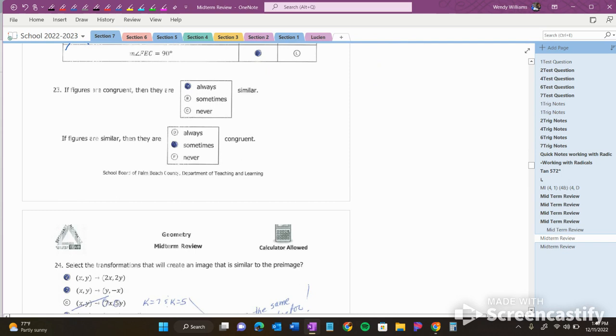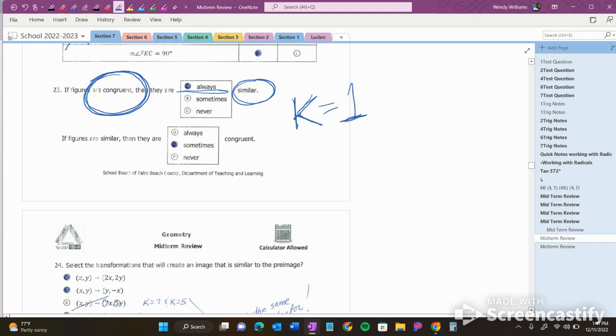And figures. If figures are congruent, then they are always similar. We did this in class before I left. Congruent figures are always similar. Congruent figures have a scale factor of 1.